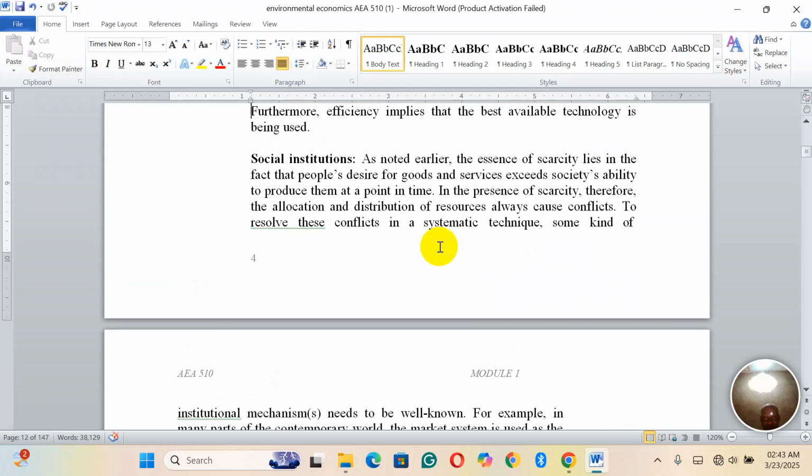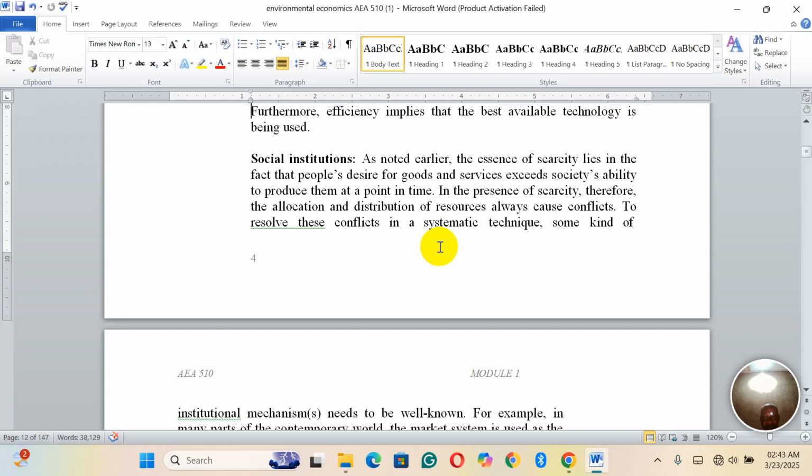Then we're looking at social institutions. As noted earlier, the essence of scarcity lies in the fact that people's desire for goods and services exceeds society's ability to produce them at a point in time. In the presence of scarcity, therefore, the allocation and distribution of resources always cause conflict.